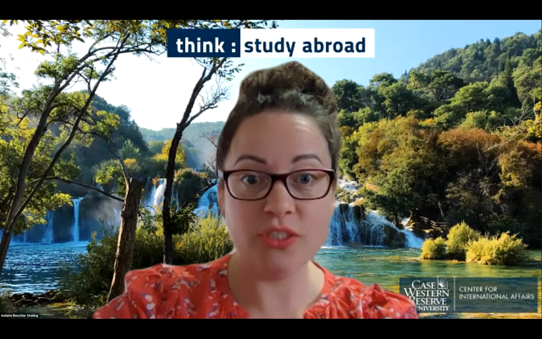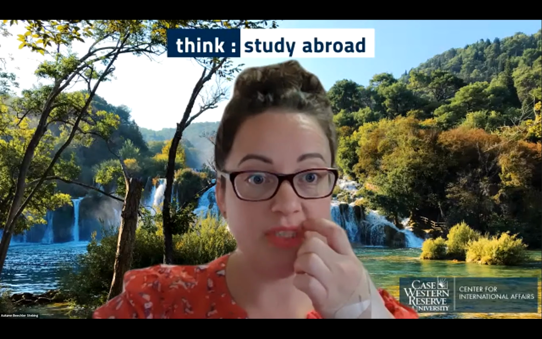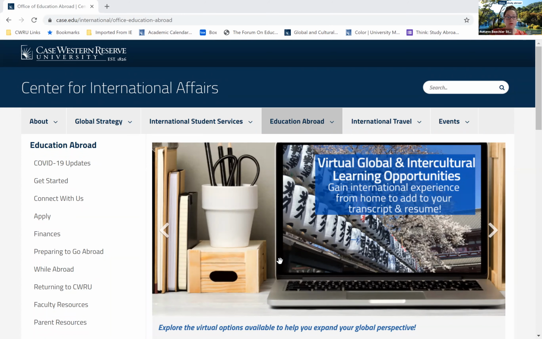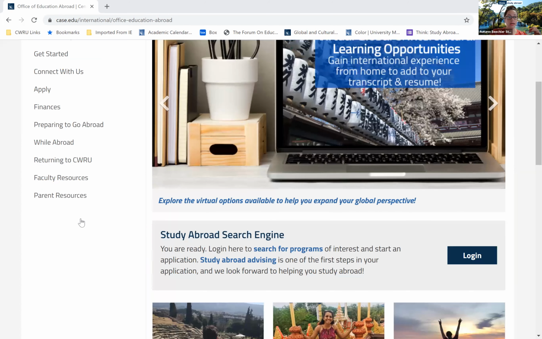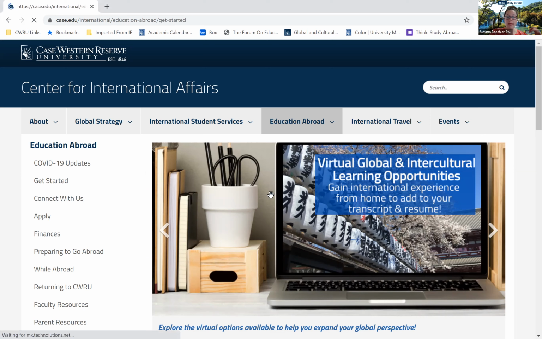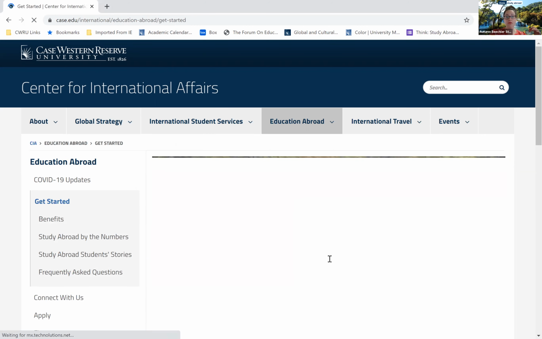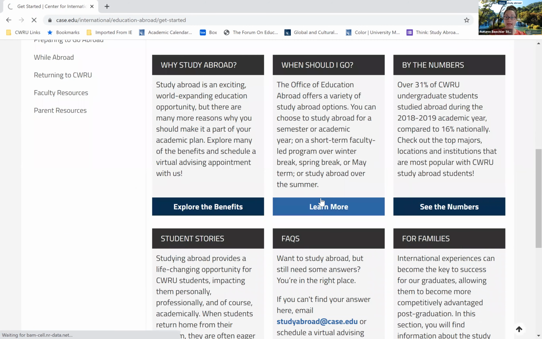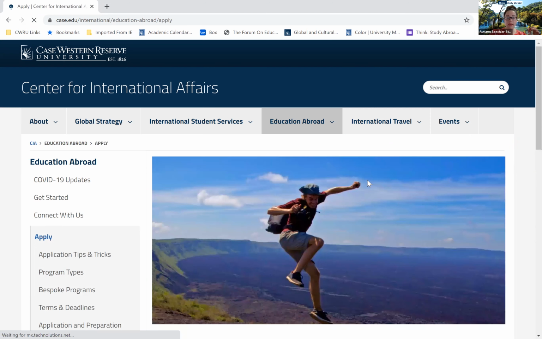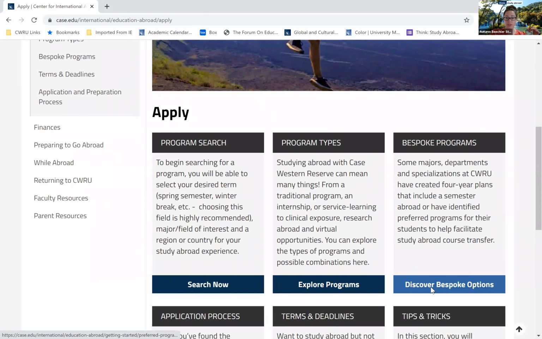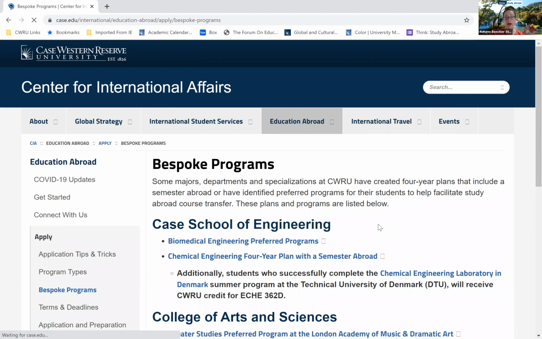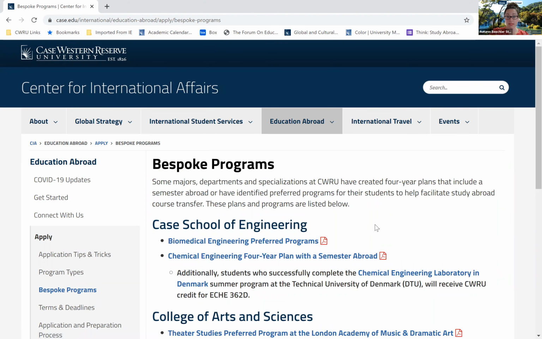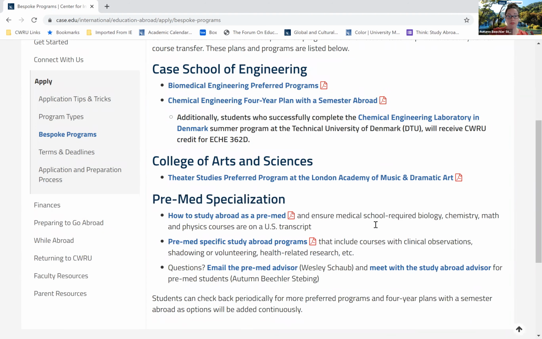So I'm going to share my screen and take you to the Office of Education Abroad's homepage, which is just case.edu/studyabroad. When you're here, you can click on Get Started, and then click on When Should I Go? And then after that, click Bespoke Program. This is where we have exactly what it sounds like, planned out programs for different students.